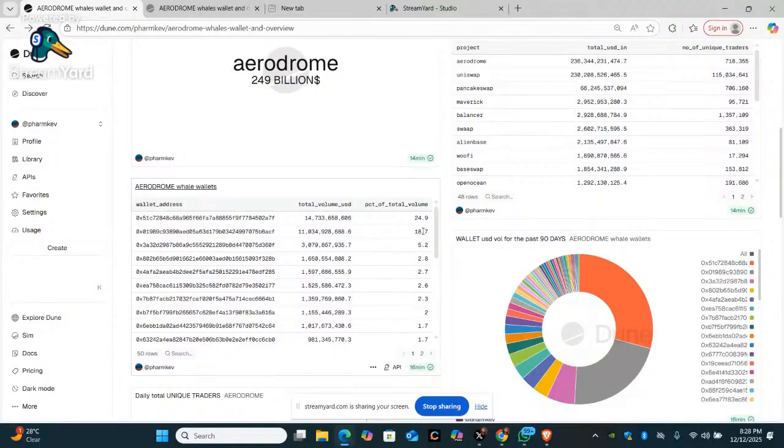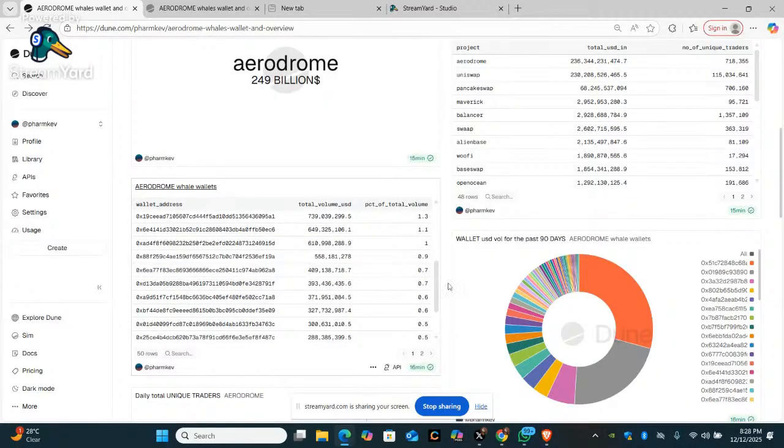It is better that the liquidity volume is spread across multiple wallets in smaller fractions, than if a couple of wallets are in control of a large chunk of liquidity in the protocol.